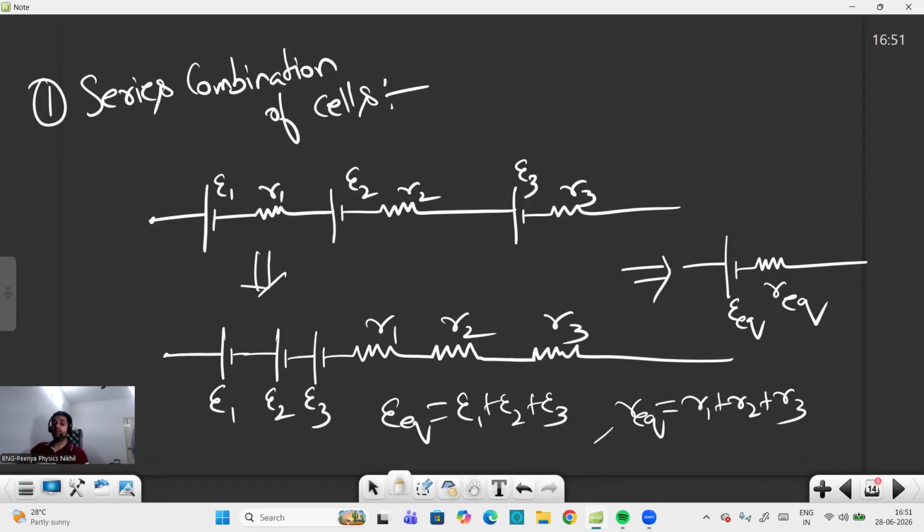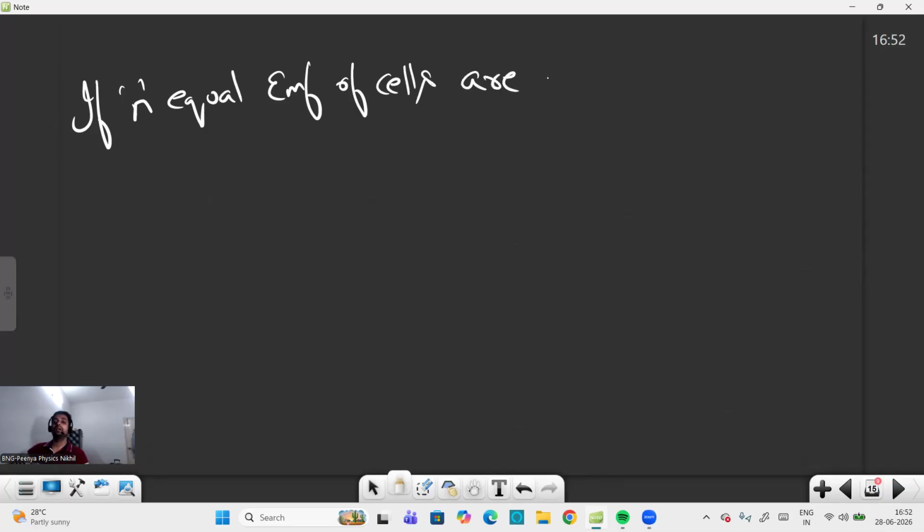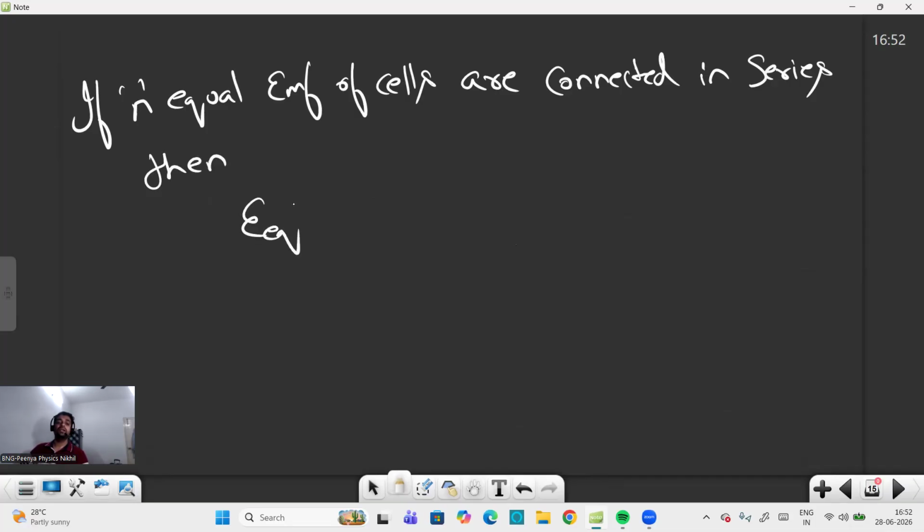You just write one note: when n equal EMF cells are connected in series, then E equivalent is E plus E plus E, which means nE, and R equivalent will be n into R. Correct?